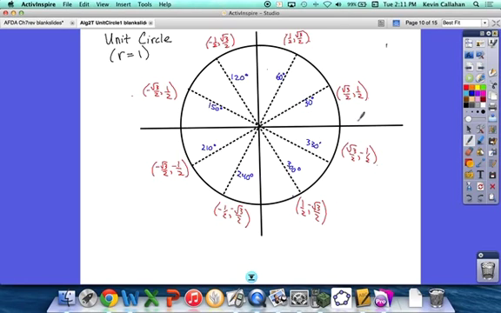At 30 degrees, the x-coordinate is root 3 over 2. The y-coordinate is 1/2. Right? At 60 degrees, what's going to change? If I drew my triangle here, then across from the 60 degrees would now be my x. That'll be the 1/2.